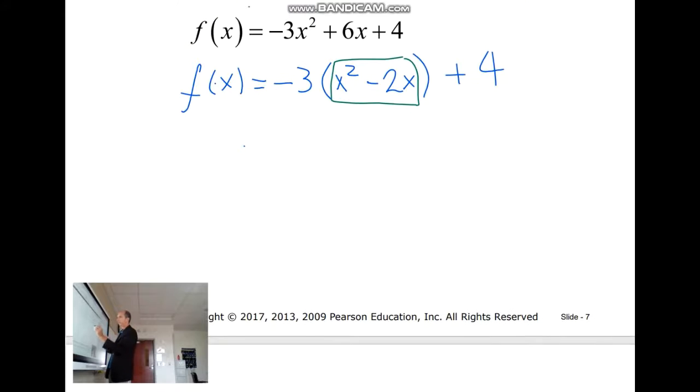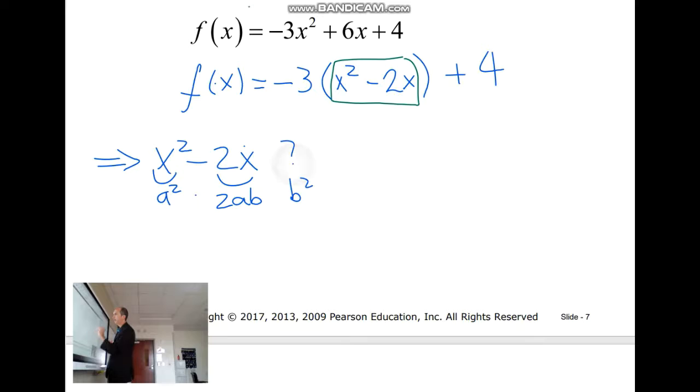Let's work only on this part, x squared minus 2x, and we're going to complete the square. This is going to be a squared, and this is going to be 2ab, and we have to find b squared. Let's work on 2ab. 2 times 1 times x, you can write it like this, right?